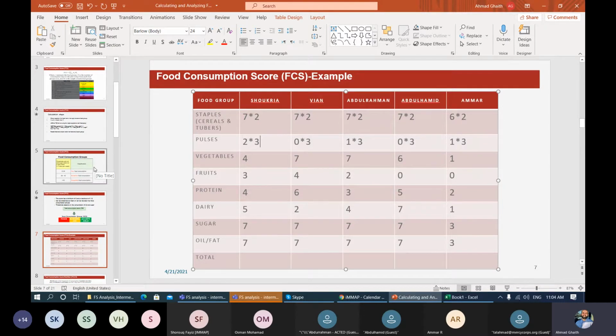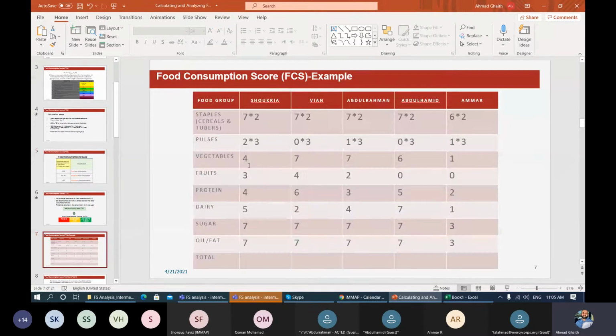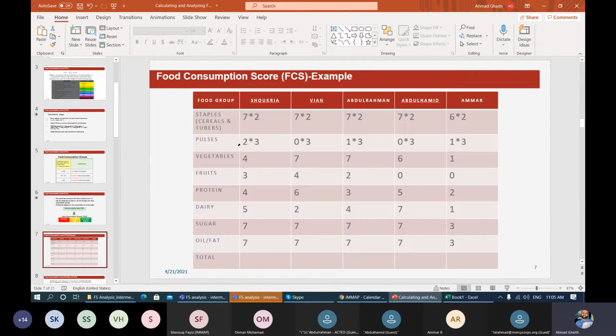So already getting very close. I don't want to confuse you too much, but the line in much of sub-Saharan Africa is 21 for poor food consumption. If Shukriya were to eat another day's worth of pulses, that would be 9, and you would be at 23.